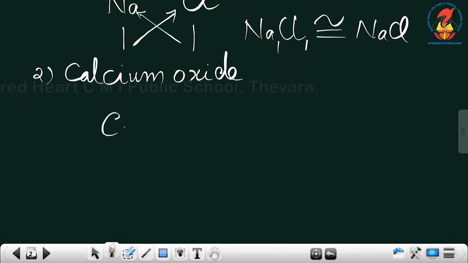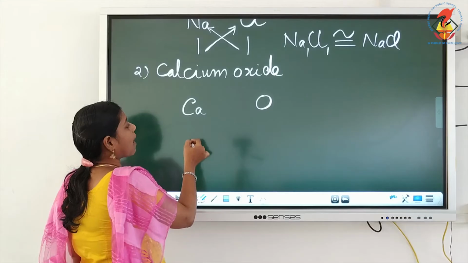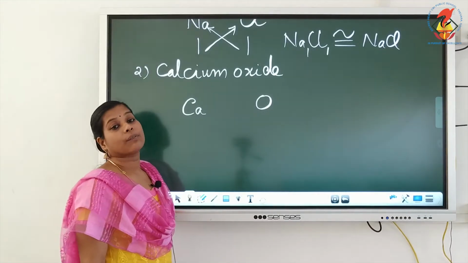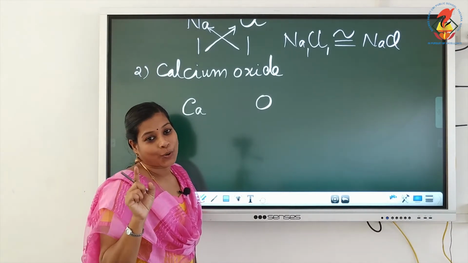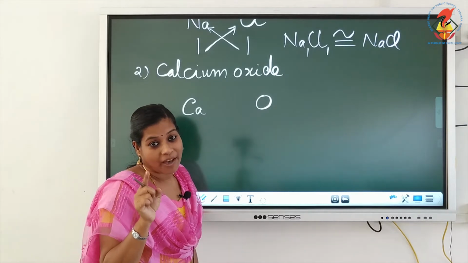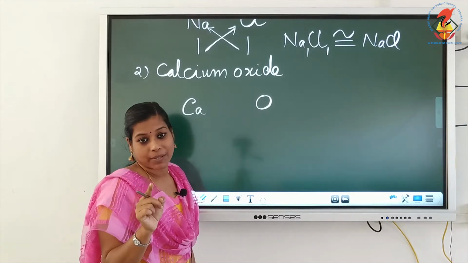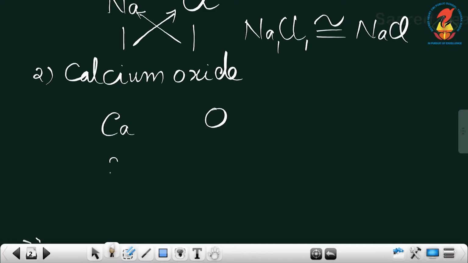So, first you write the calcium symbol Ca, and oxygen, what is the symbol? O. And then you have to write the valency of calcium. What is the valency of calcium? You don't remember it, you haven't studied. Please study it properly. The valency of calcium is 2. And for oxygen, it is again 2.